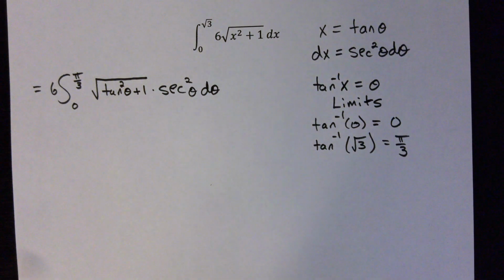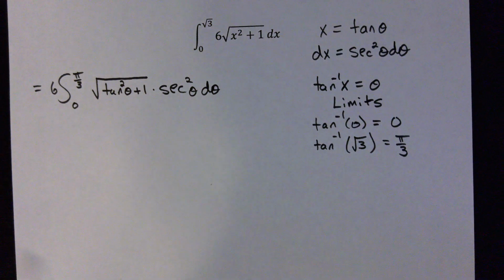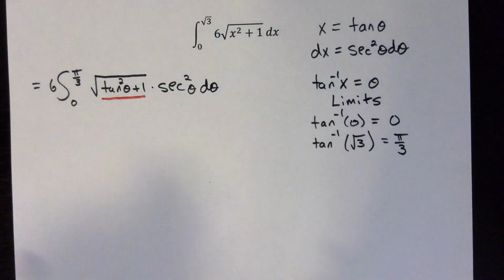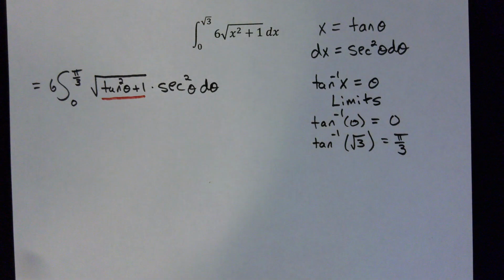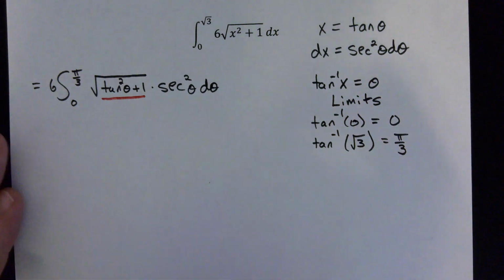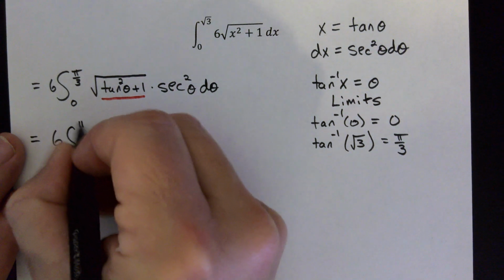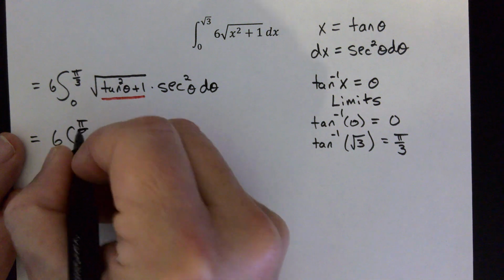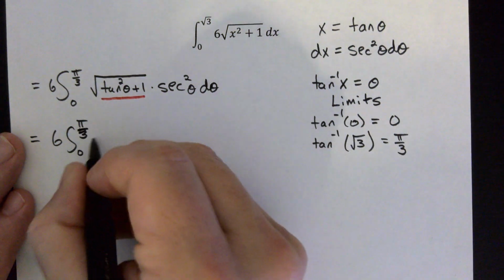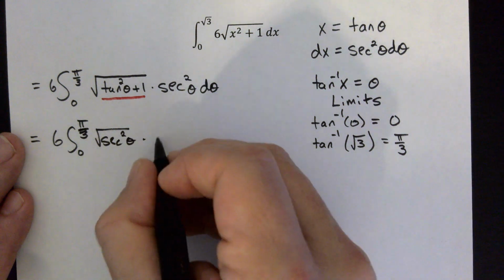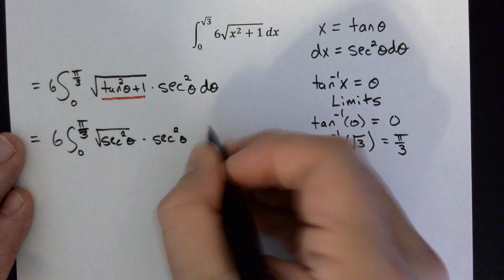The next thing to notice, if you know your trig identities, is that secant squared is equal to tangent squared plus 1. So I can change this to 6 times the integral from 0 to pi over 3 of the square root of secant squared theta times secant squared theta d theta.